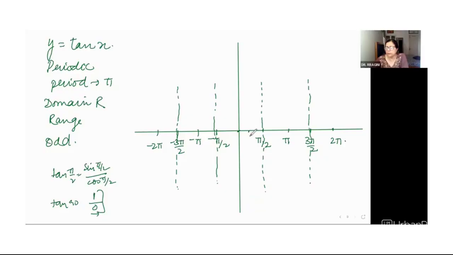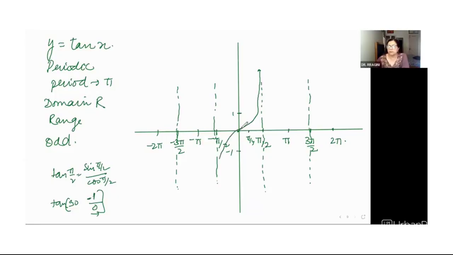So tan pi by 4 is 1. If I plot here pi by 4, let's say here we have 1 and here we have minus 1. So tan pi by 4 is 1. But as we come to pi by 2, this shoots up to infinity, and you cannot touch this line. Now at minus pi by 2, sin is minus 1 and cos is 0, so tan is minus 1 by 0.